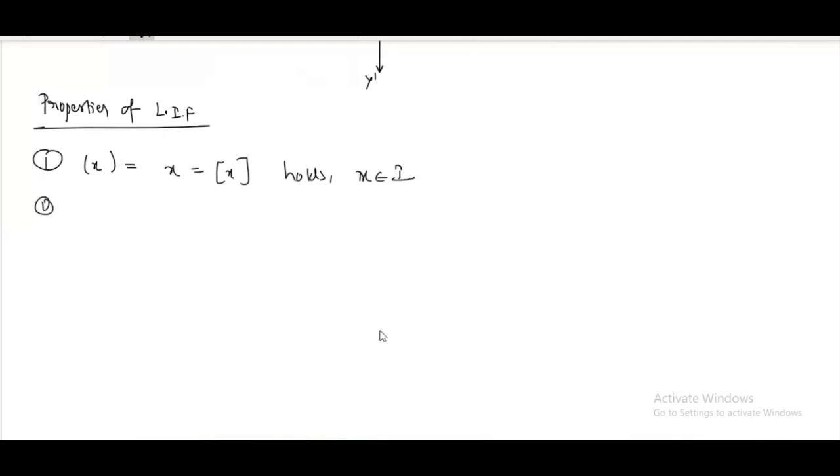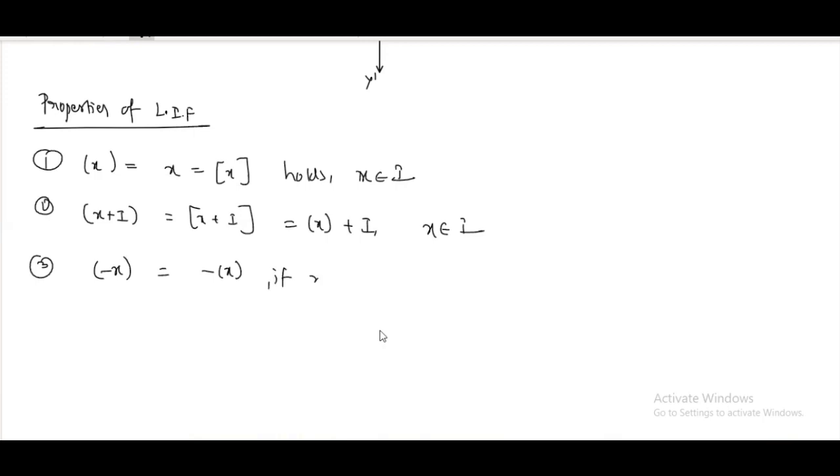Point number 2: the least integer function of x plus I is equal to the box of x plus I, which is equal to the least integer function of x plus I, where I belongs to integers. The third property: the least integer function of minus x will be minus the least integer function of x if x belongs to integers, and minus the least integer function of x plus 1 if x does not belong to integers.